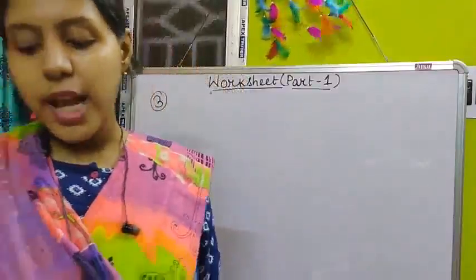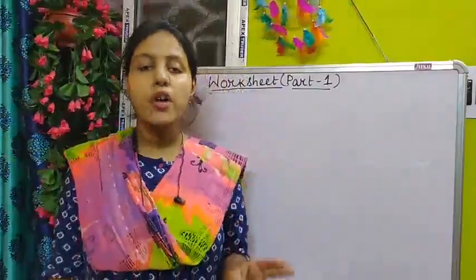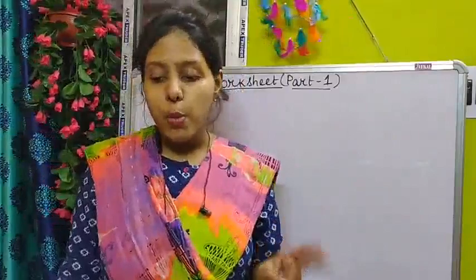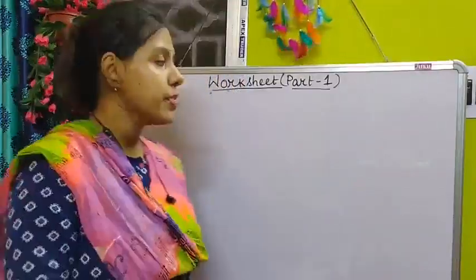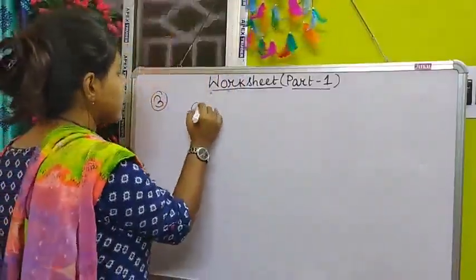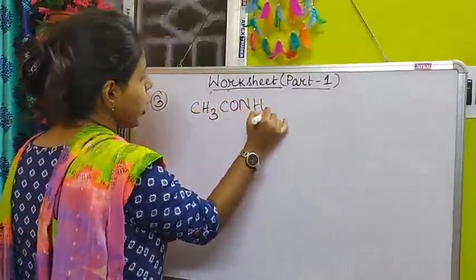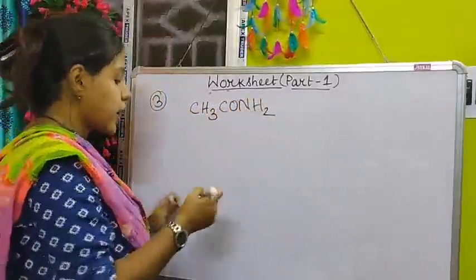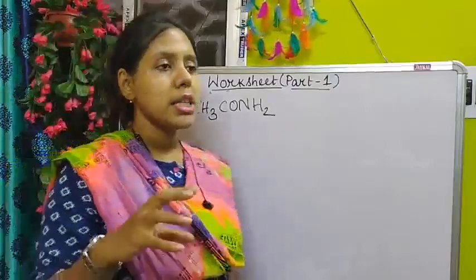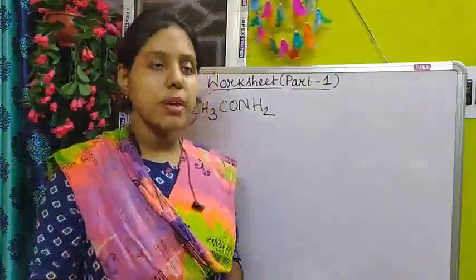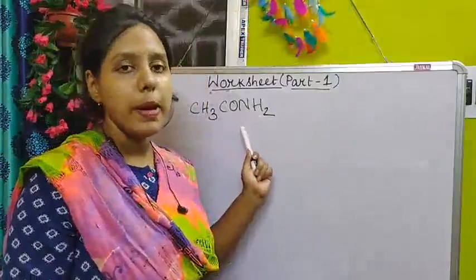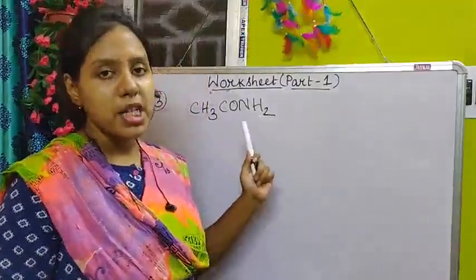Next one I have given, that is Hofmann bromamide degradation reaction. That means you have to take an amide just like this one, CH3CONH2. Okay, Hofmann bromamide degradation. Degradation means what? That step down reaction. Step down means one carbon atom will be decreased from the parent compound.